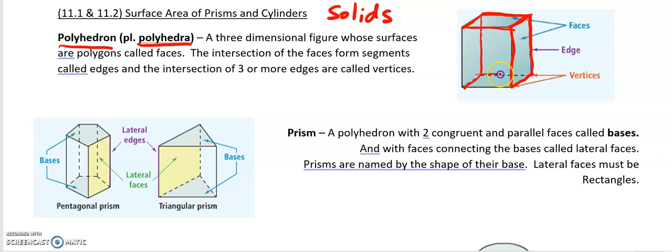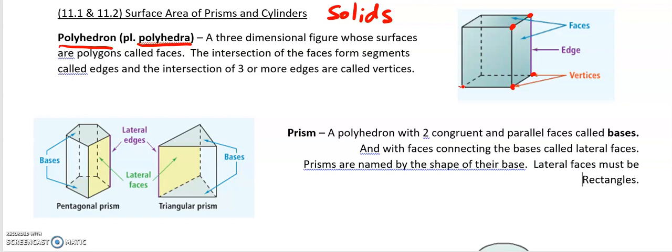You know, back edges, bottom edges, like that, right? Those are the edges. And then lastly, you have your corners where the edges meet. Now, that's a vertex. That corner is a vertex. All these corners are called your vertices. So those are the three major players when it comes to polyhedrons. You've got faces, edges, and you have vertices.